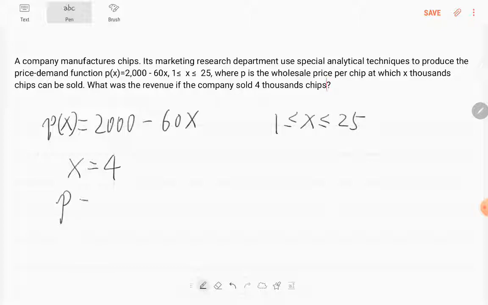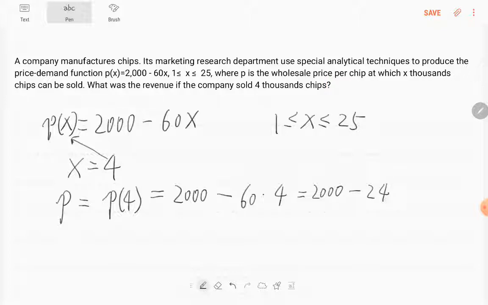The price p, we plug 4 into this function, p of 4, which is 2000 minus 60 times 4, which is 2000 minus 240, which is 1,760. Okay, so this is the unit price.